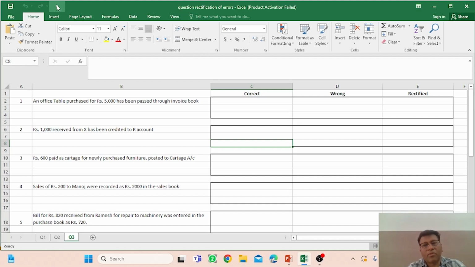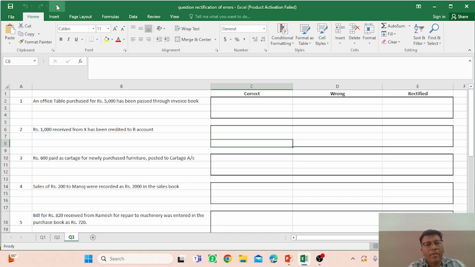As per the voucher, no doubt you are entering the transaction in the books, but you have to focus on which head of account should be opened, or in which account a particular entry is made. You have to pay attention there. So this transaction is related to furniture.